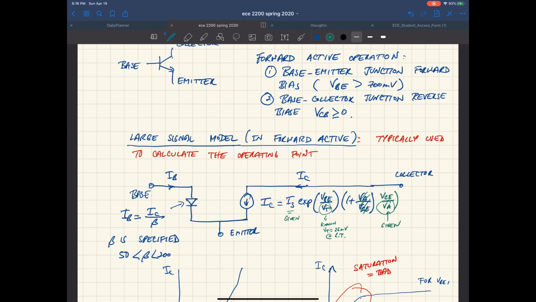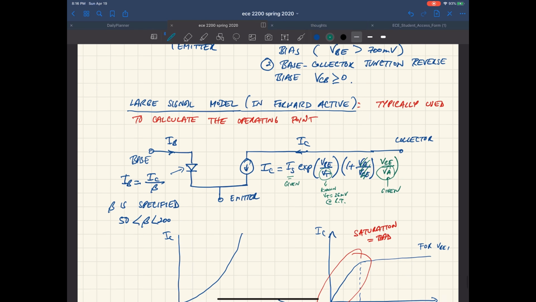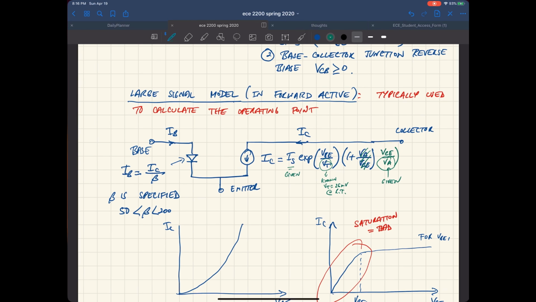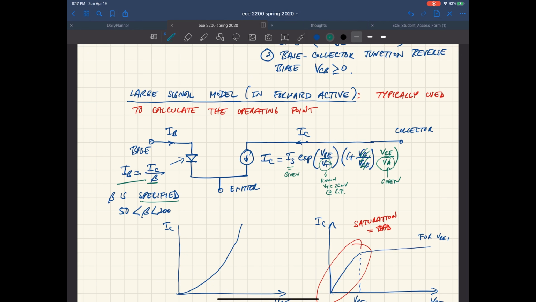That's the Early voltage, and VCE is the collector emitter voltage. And then the base current is just the collector current divided by beta, which is the current gain of the device. Beta is also usually given in the test.